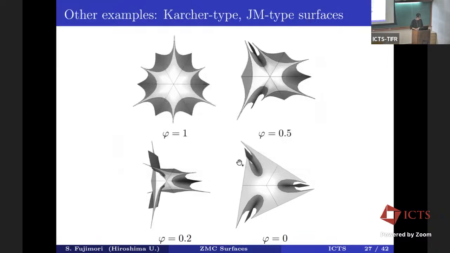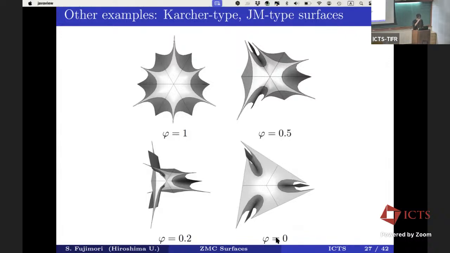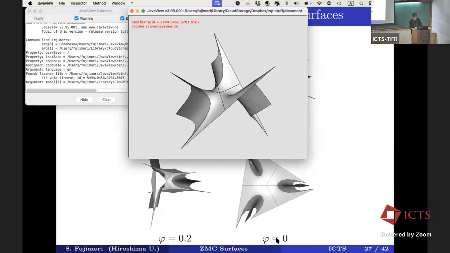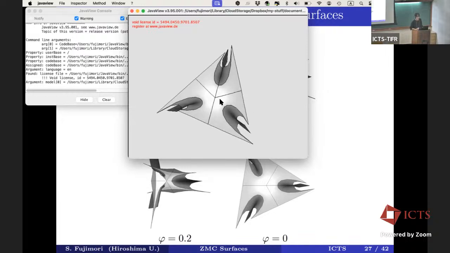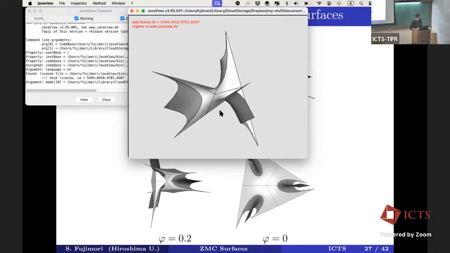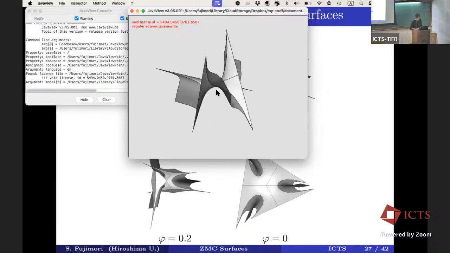And as a limit, we have a Gergonne-type surface, as phi goes to 0. So now we had 6 ends, and now we have three ends. This is again embedded, but not a graph.